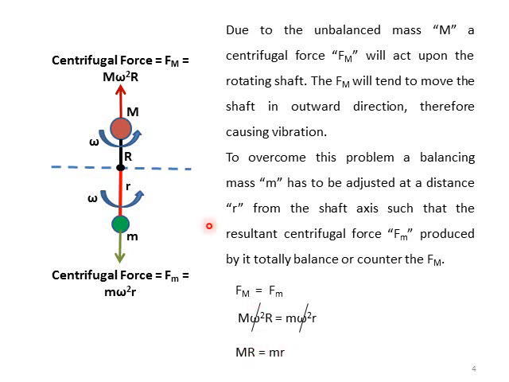So to meet the condition of dynamic balancing in the case of rotating objects, we have to counter the centrifugal force produced by the unbalanced mass by using a counter mass or balancing mass at some radial distance from the axis of rotation. So that's all for a single mass on a rotating shaft or rotating object.